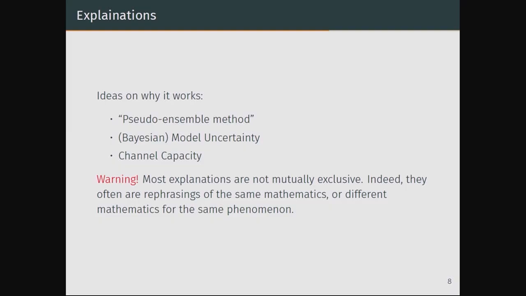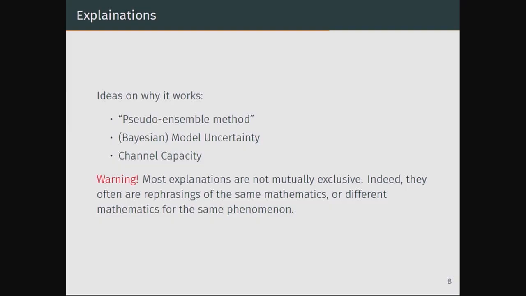Most of these explanations are not mutually exclusive. So there's no right or wrong, at least in this case. There might be wrongs, but there's not a good way to say that somebody's right for certain.